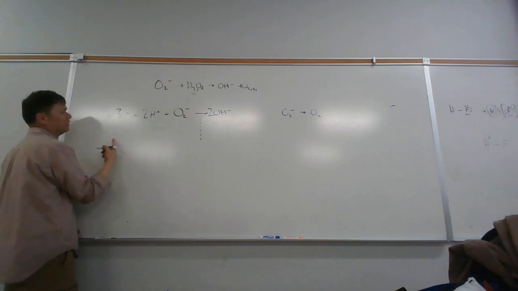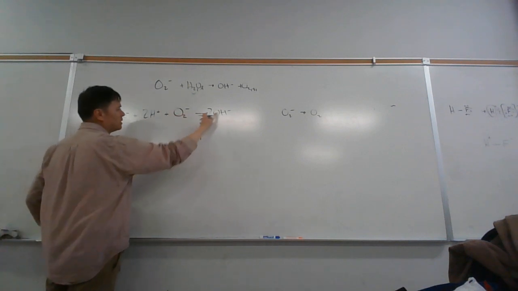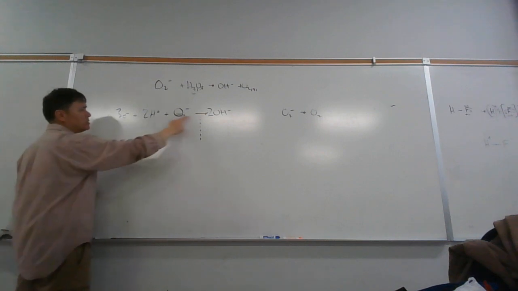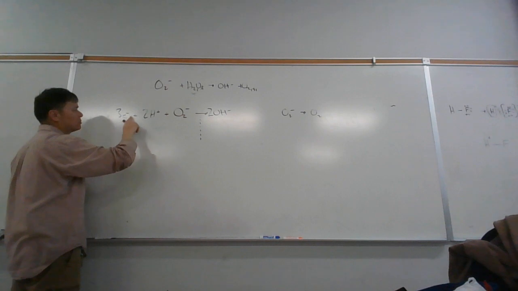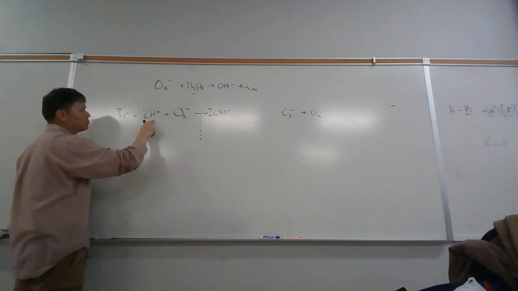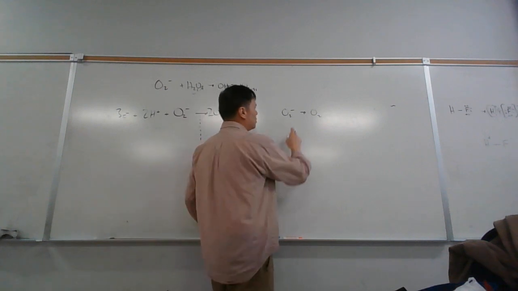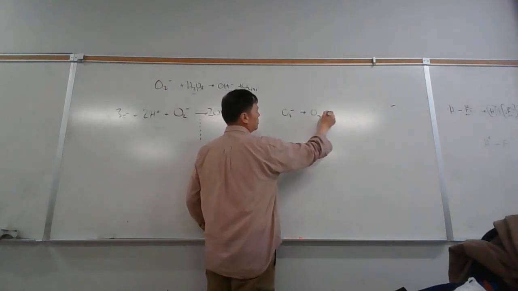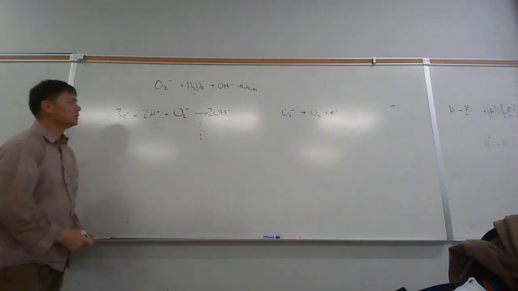Let me see. +2. -3 plus 2 is -1. -1 and -1 is -2, -2. That's it. And so let's check the balance. 2 hydrogens, 2 hydrogens, 2 oxygens, 2 oxygens. And the charge, -3 plus -1, -2. Yeah, -2. Okay, then let's go over here. The oxygens are balanced, we just need to balance the charge. And so we just need 1 electron over there. So that was easy, that particular one.